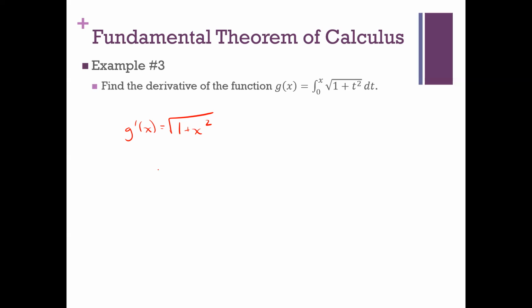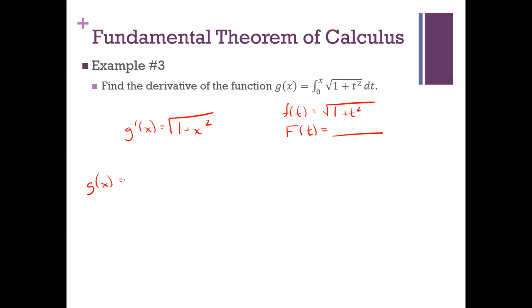Yeah. So let's say this. Let's say f of t is equal to square root of 1 plus t squared. I don't have a way to figure out what capital F of t is, but I know that it exists, right? So because of that, I can do this.